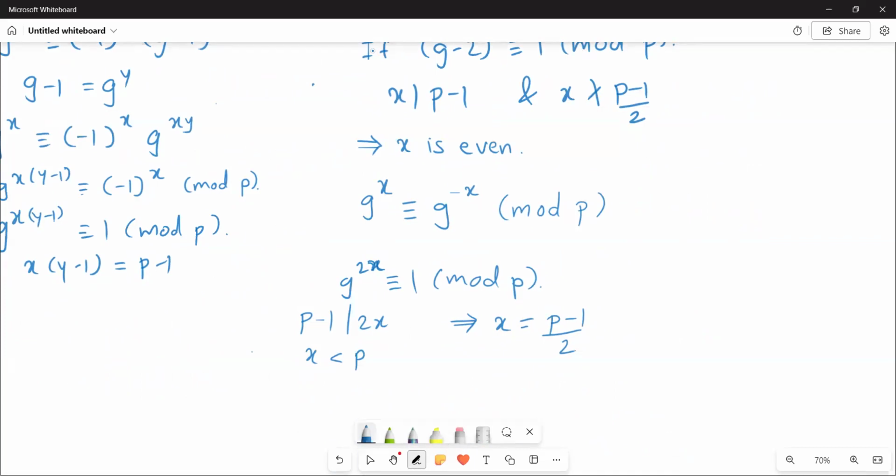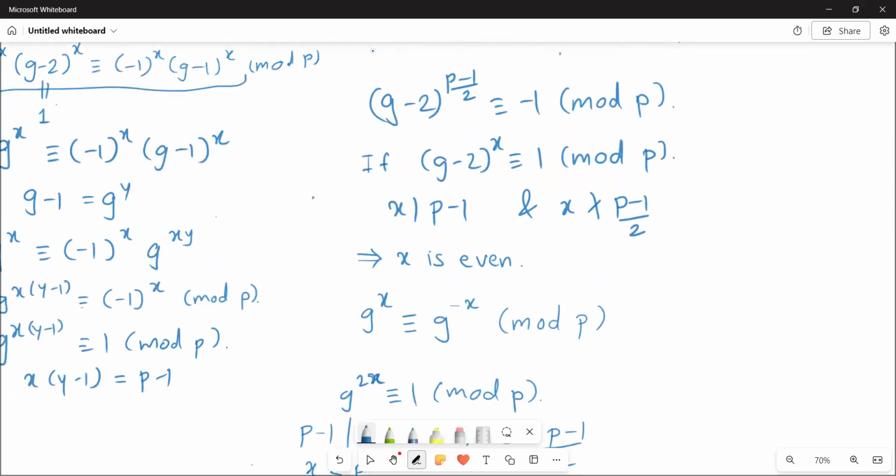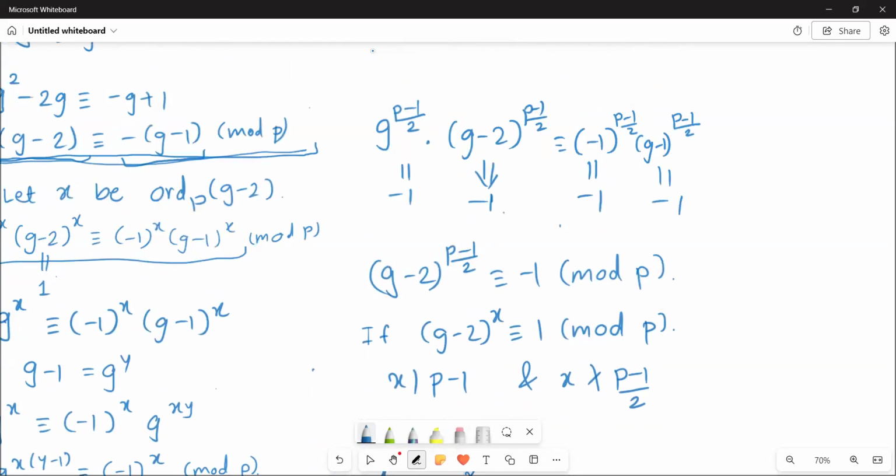I think we could have got it from the second step. Sorry, I was telling about the step g minus 1 to the power p minus 1 by 2 is congruent to minus 1 mod p.